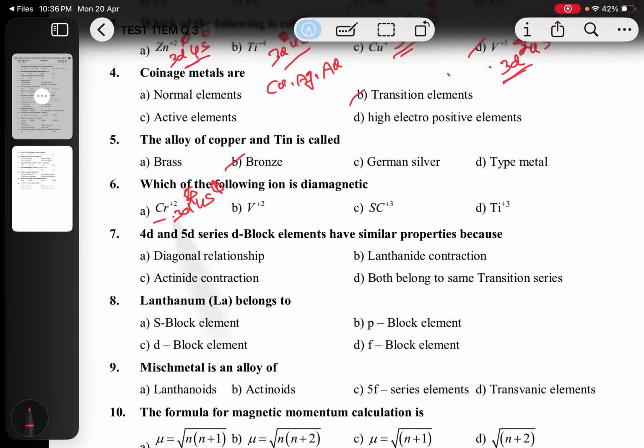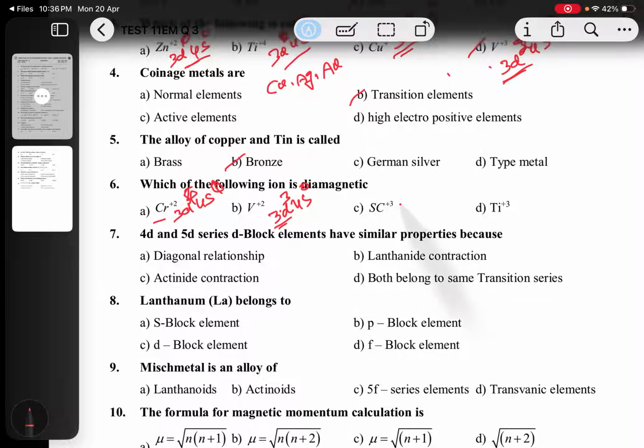So 3d4. It contains 4 unpaired electrons, so it is paramagnetic. Vanadium 23, 3d3 4s2, plus 2 means 4s0. So it contains 3 unpaired electrons, so it is also paramagnetic.